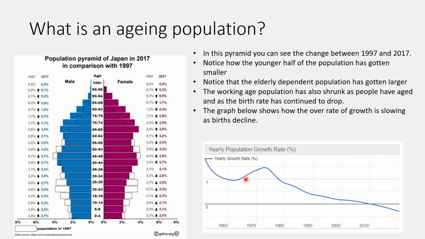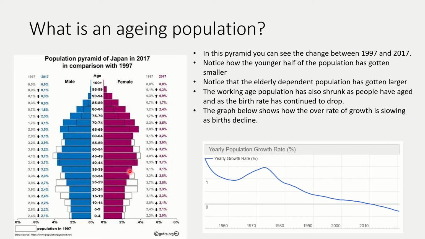And you can see that it has been consistently falling. In around about 2012, it hit this point here, at which point Japan's population is beginning to shrink because they're below that zero line. And that's because they're having so few babies to increase the population.